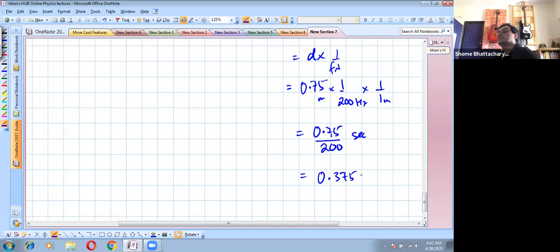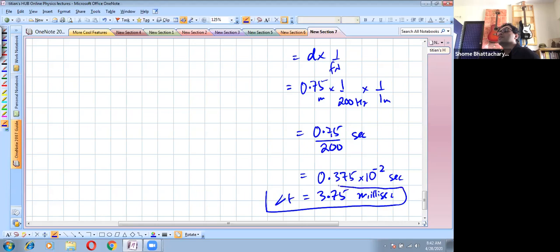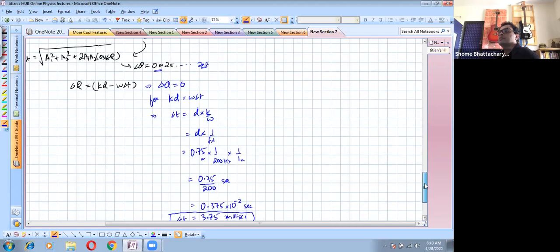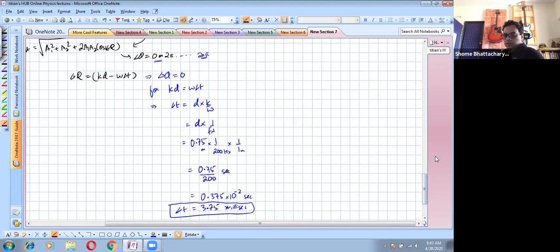So we can also write that as 0.375 into 10 raised to the power minus 2 seconds, or 3.75 milliseconds. If we give this much of a delay, we can have constructive interference. So this is the condition for this question.